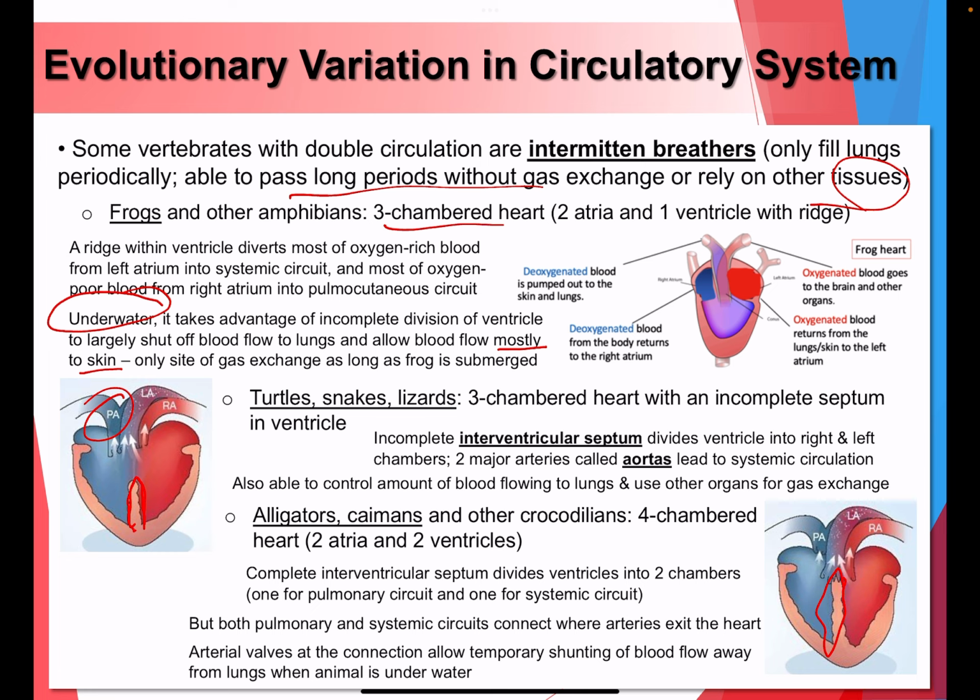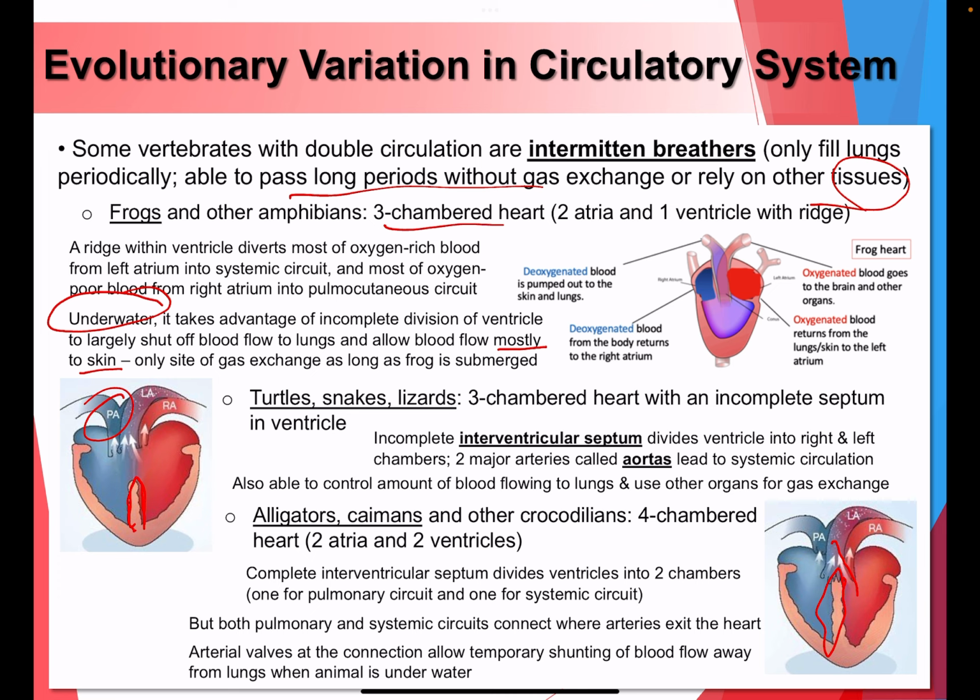But there is an area where it connects. There's a little opening that connects the two somewhere in the larger vessels up here. Both pulmonary and systemic circuits connect where the arteries exit the heart.